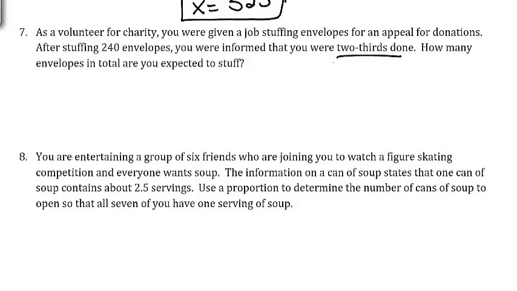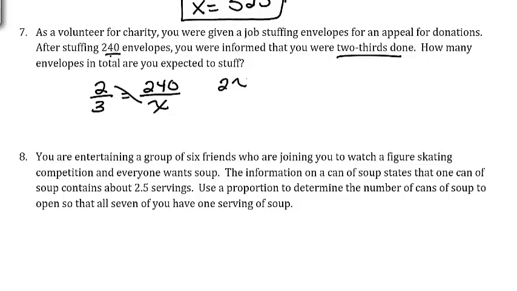So the 2/3 is the ratio of envelopes that we have finished already. And this is the part that we've stuffed already, the 240, so that goes on the top. And we want to figure out how many in total we're expected to stuff. So we get the proportion 2/3 equals 240 over x. And then we're going to cross multiply.